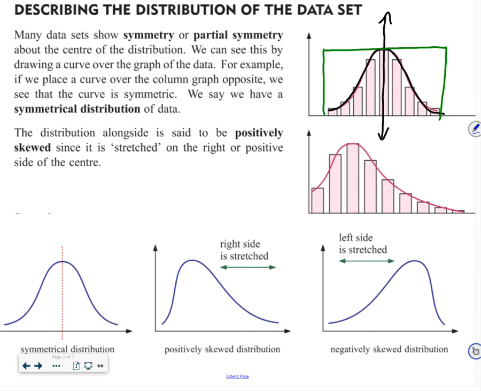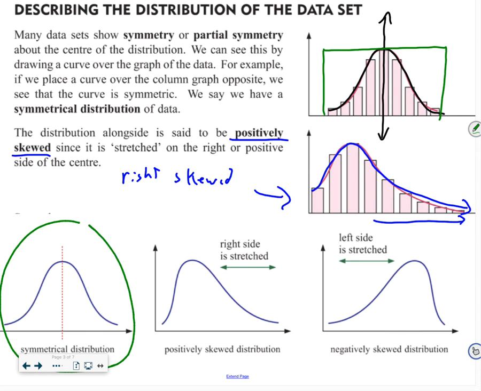Sometimes our data sets are skewed. In this example, we have more large values, but they're infrequent, so this graph ends up getting pulled in this way. We call this a positive skewed graph, or also a right skewed graph. In another diagram, we can see this would be something that is symmetrically distributed.